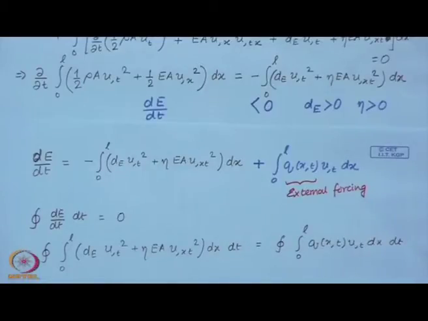Suppose you give a harmonic input and you record the amount of energy that you are supplying over one period, then you know how much energy is being dissipated. So, you calculate this term and that will give you an estimate of energy dissipated by the damping mechanism in the system.